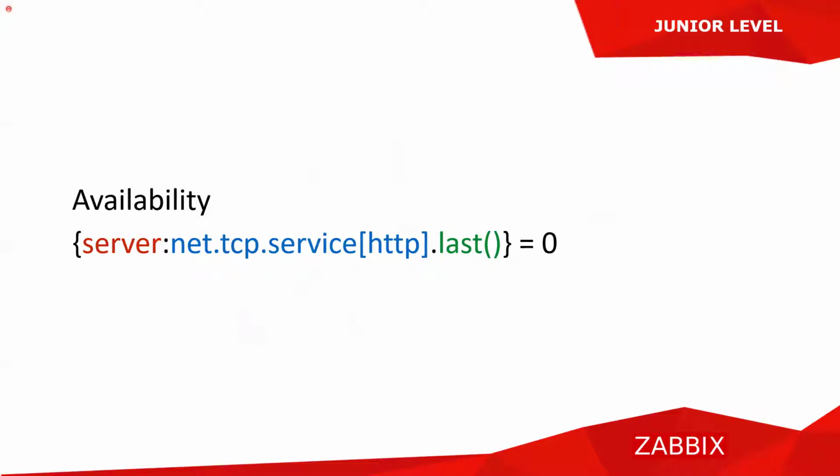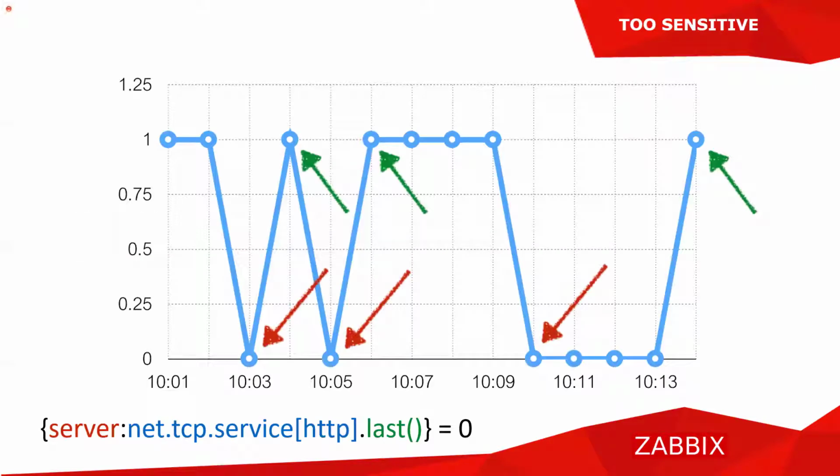There's also a way, of course, to check availability, not only performance. Even though it can potentially be used with the last function, it is quite precise and can be a bit more precise with less flopping at the same time. But again, that's absolutely not obligatory, since, as you can see, the net.tcp.service HTTP item basically checks the status and returns ones and zeros, so available or not.